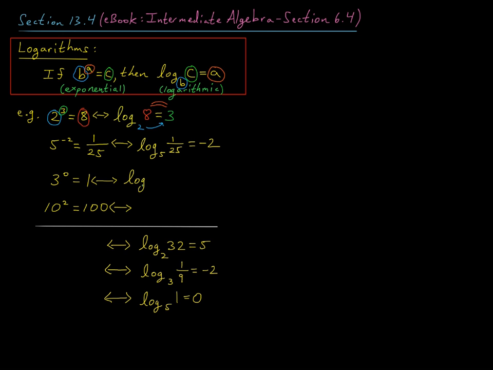This would be log base 3, because 3 is the base of the exponential statement, of the number 1, because that's the value of the exponential expression, and that logarithm is equal to the exponent of 0. And then lastly here, we have log base 10 of 100 is equal to 2.